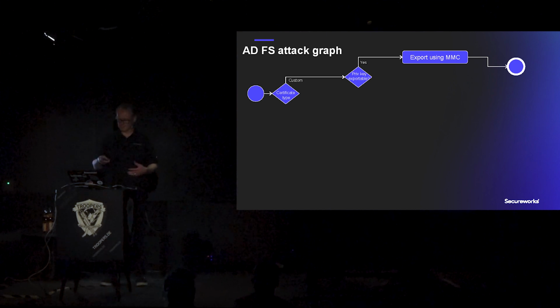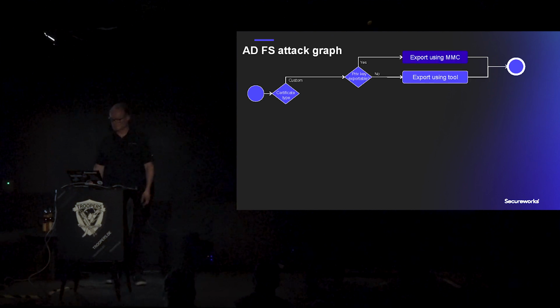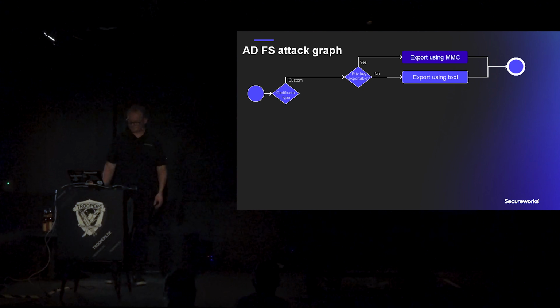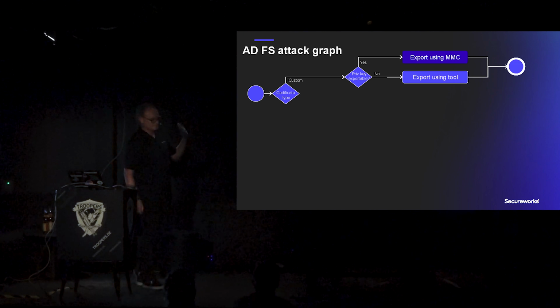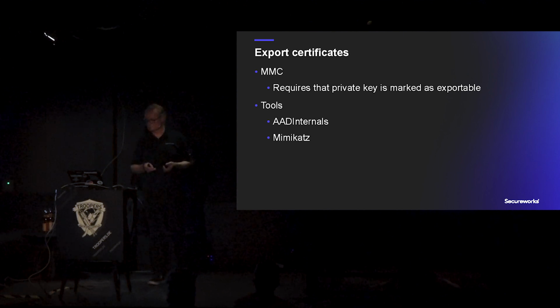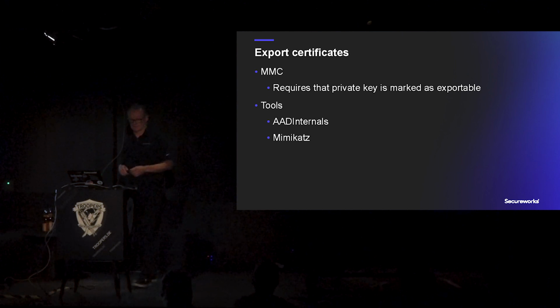So nothing fancy there. But what if it's not? Then you need to export that using some tool. So if you want to use MMC, as I told you, the certificate needs to be marked as exportable. And if not, you need to use tools like AADInternals or Mimikatz.